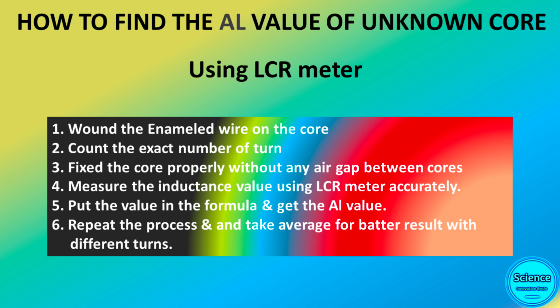First step is to wind the enameled copper wire on the core. Second, count the exact number of turns. Third, fix the core properly without any air gap between the core. Measure the inductance value using the LCR meter accurately.